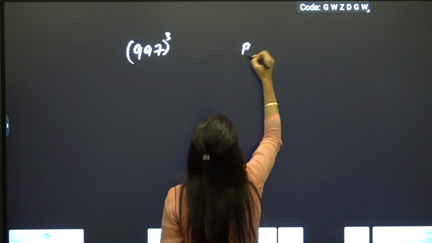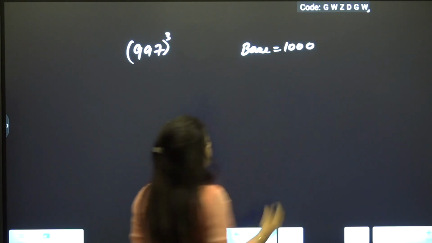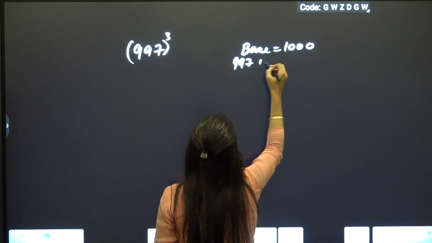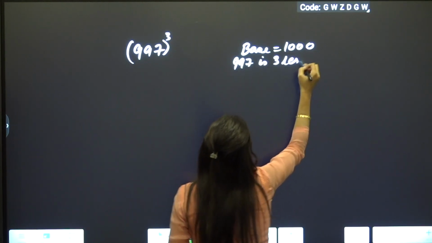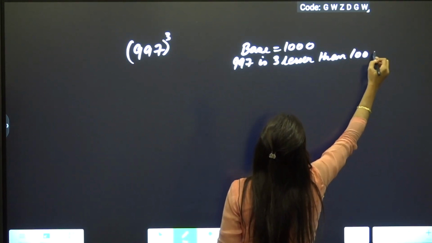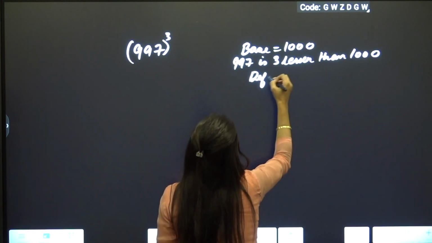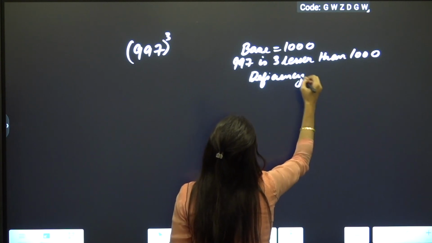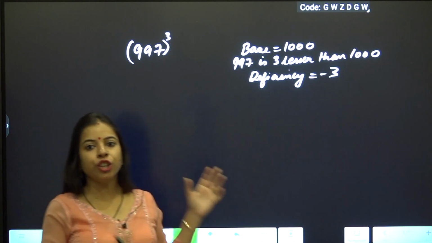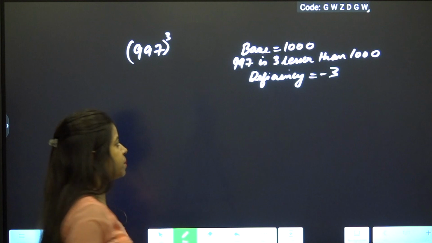So base is 1000 and 997 is 3 lesser than 1000. So the deficiency is -3. For finding the cube of 997, we are going to follow 3 steps.